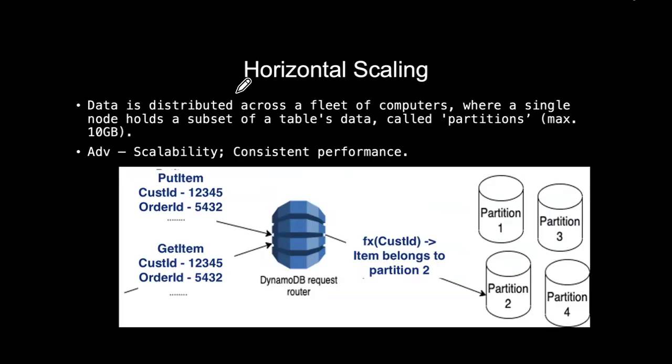DynamoDB automatically stores your table across multiple nodes or computers on its network. Okay, so I also said when I started talking about DynamoDB that it was really aimed at very large scale databases.